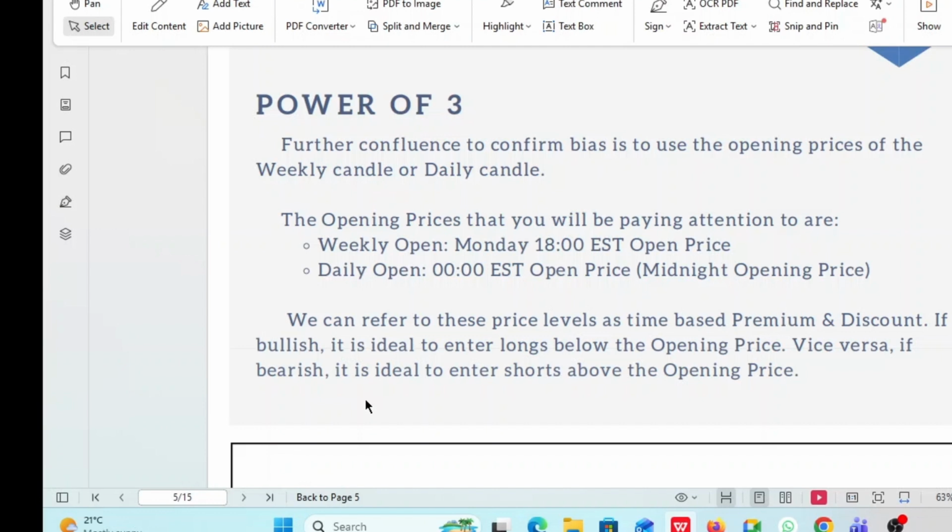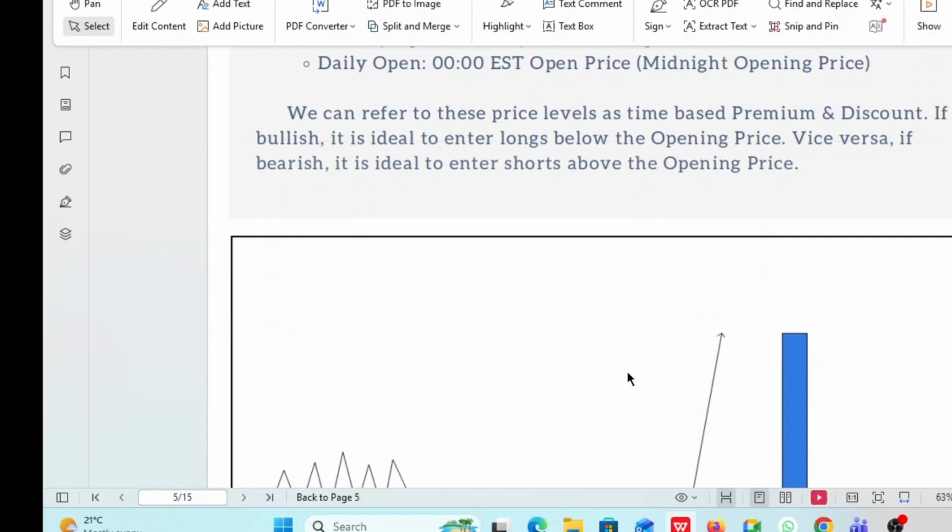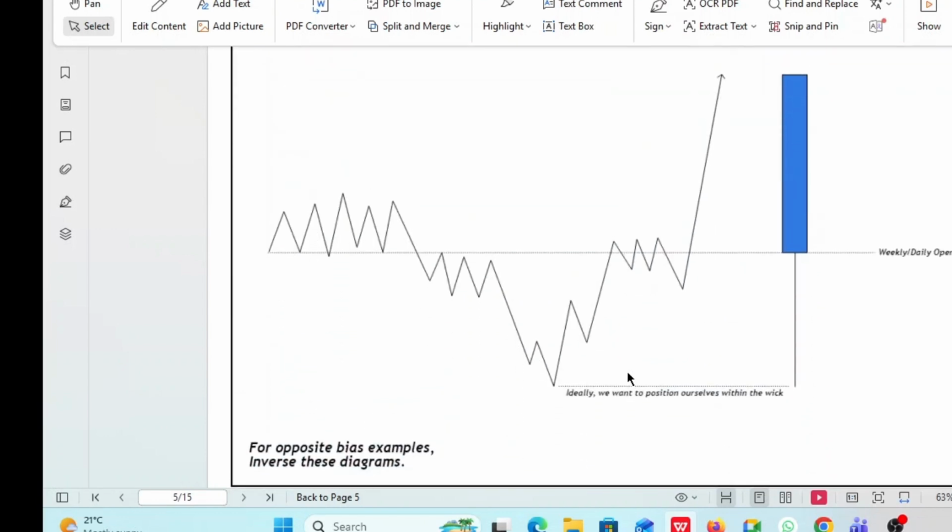So if bullish, you're supposed to enter long below the opening price, not above it. It should be below the opening price. If it is bearish, you enter above the opening price. So this is how it looks.